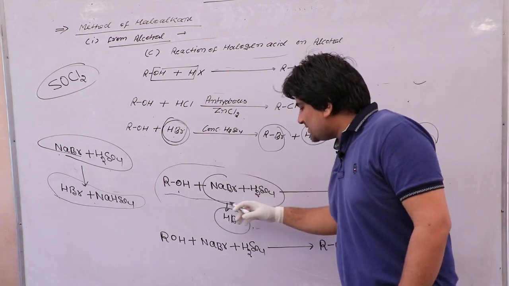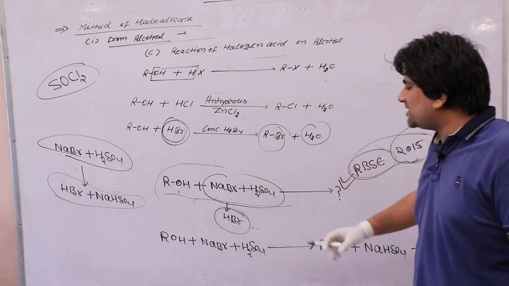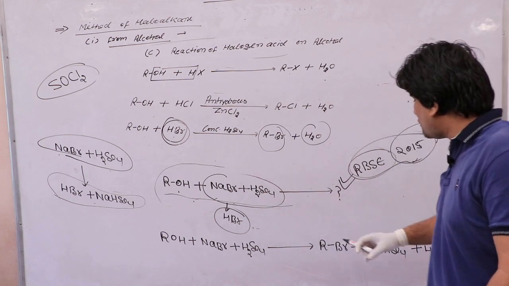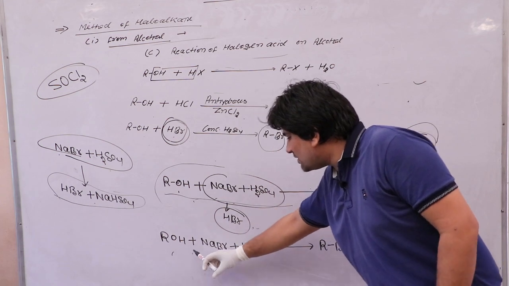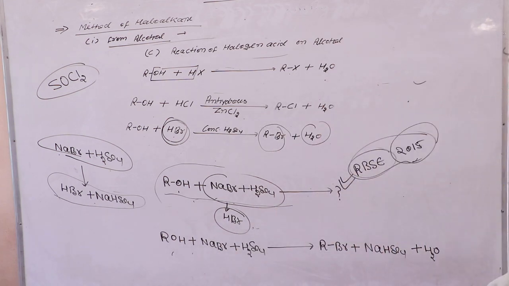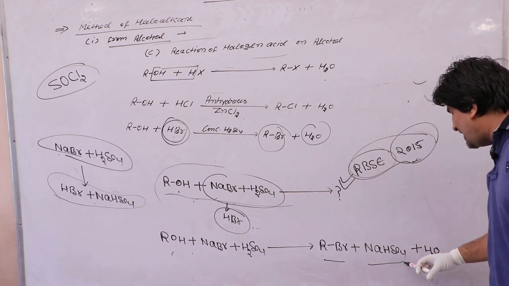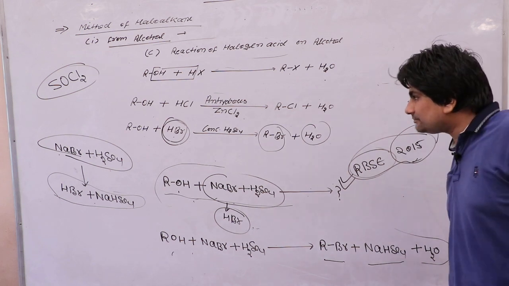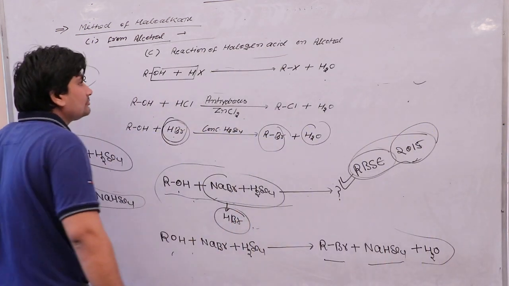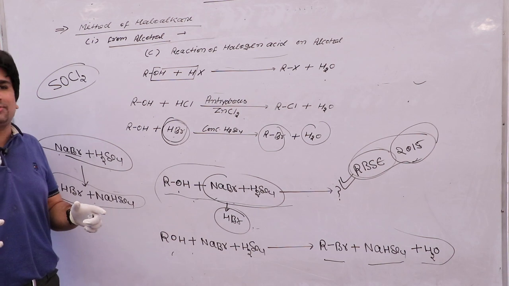The question is most important: ROH plus NaBr plus H2SO4 gives RBr, NaHSO4 and H2O. Any problems?